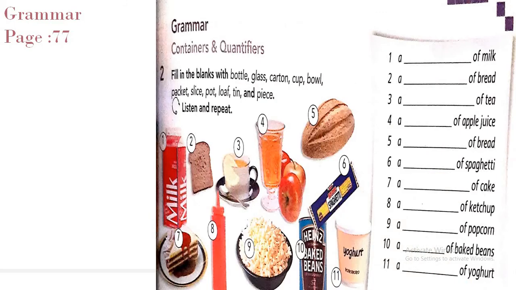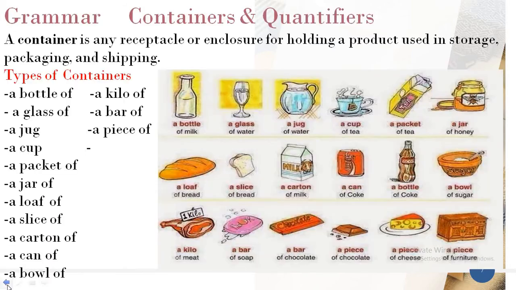Now let's move to page 77. We have exercise 2. Fill in the blanks with bottle, glass, carton, cup, bowl, packet, slice, pot, loaf, tin, and piece. If you go back to the grammar lesson, you will answer the exercise very easily.